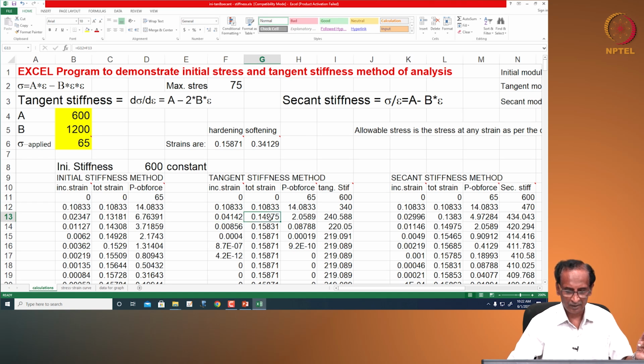So our total strain has increased to 0.149, and then our outer balance stress has reduced, and our tangent stiffness has reduced, and within about 5 cycles, 1, 2, 3, 4, 5 cycles, our incremental strain is negligible, and our outer balance force is also negligible.